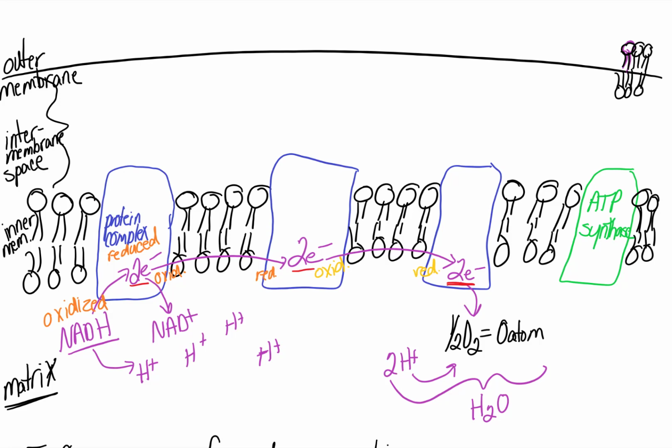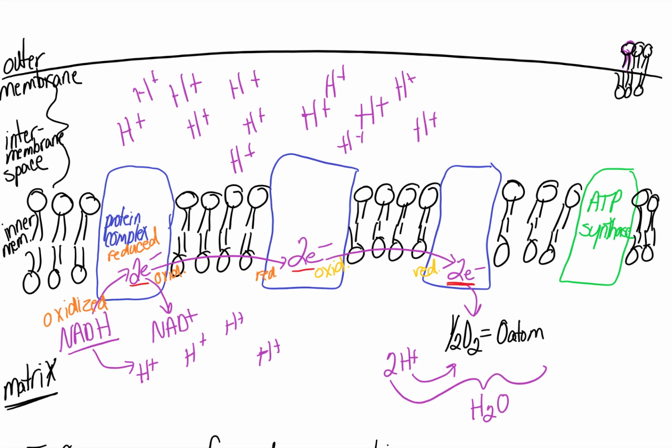And these hydrogen ions are used to create an electrical and chemical gradient across the inner mitochondrial membrane. We recognize that there are not only hydrogen ions in the matrix on the inside of the inner membrane, but there is also a high concentration of hydrogen ions in the intermembrane space.